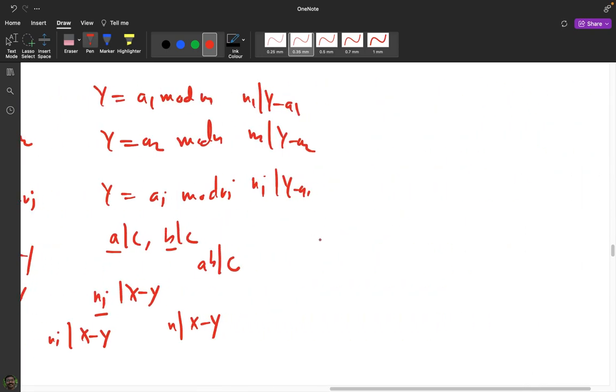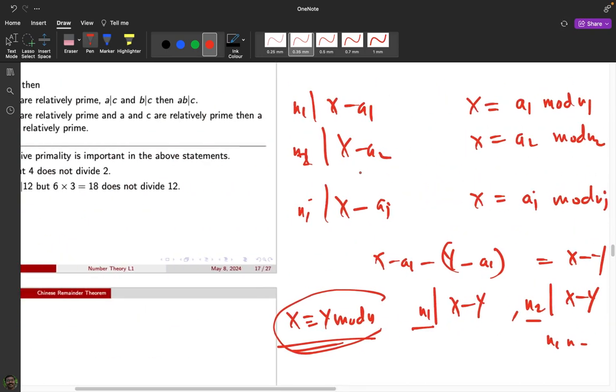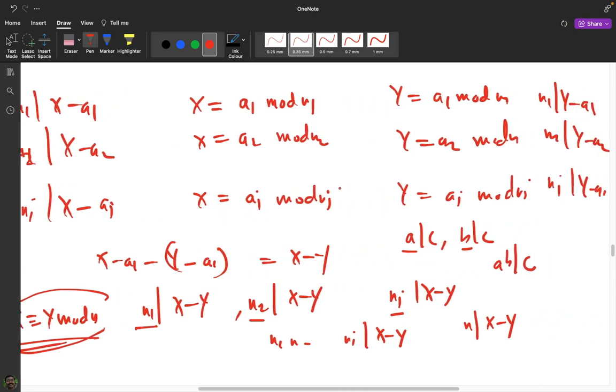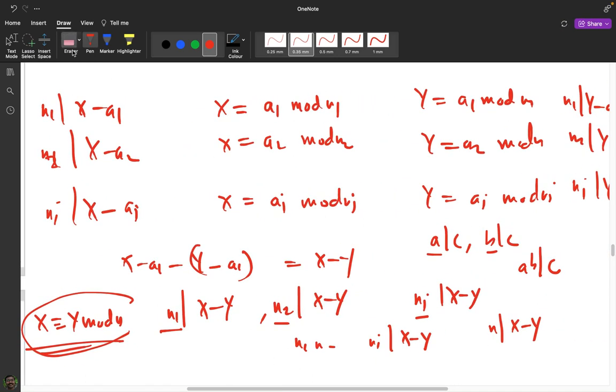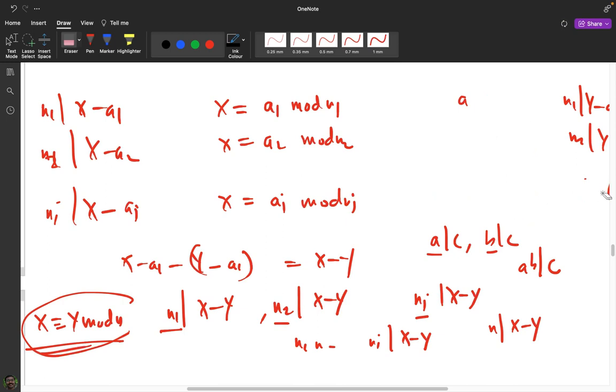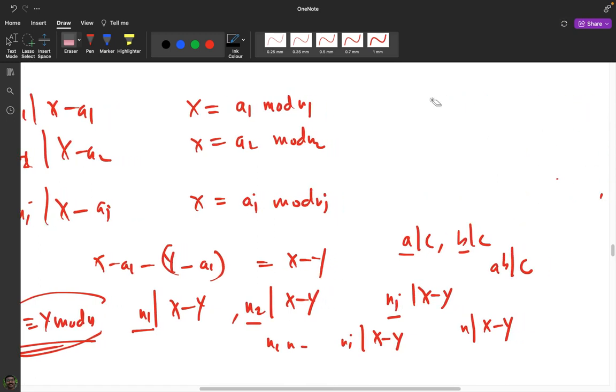Now suppose x is a solution to this problem, and y is congruent to x. I have to show that y is also a solution. That is also trivial, a very simple thing.